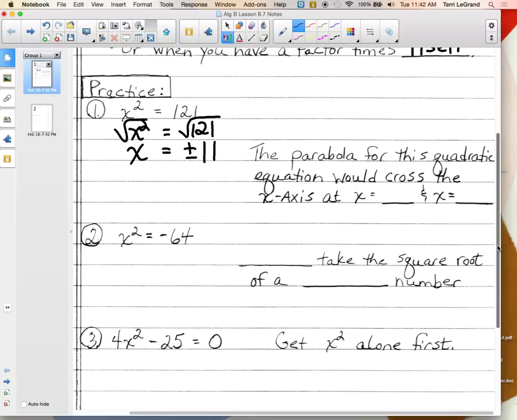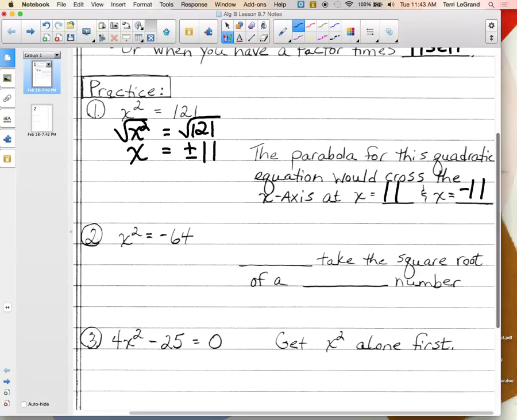Remember when b is equal to 0, the vertex is the y-intercept, so it's going to be at 0. At the y-intercept, if we move that 121 over to become a negative, it's way down here on the y-axis, but where's it going to cross the x-axis? 11 and negative 11. Remember, the solutions are the zeros of the function, and the zeros of the function are where the parabola crosses the x-axis. We have to keep all that together.